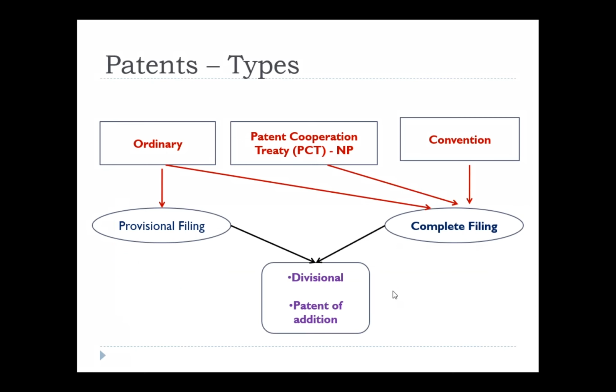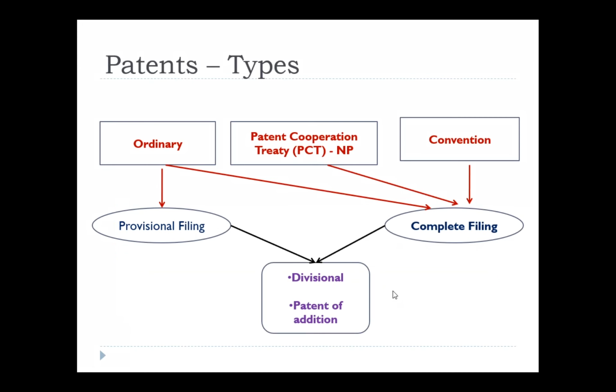So why then does PCT play a role? It acts as a nodal body, giving us a platform to file in many countries through the PCT mode to speed up the process of examination. That is the core requirement of PCT, right?